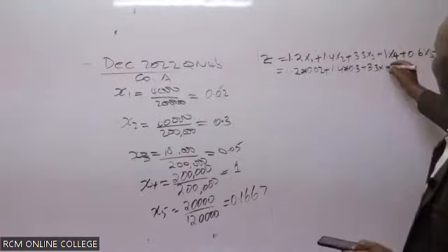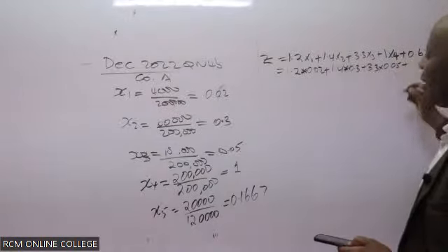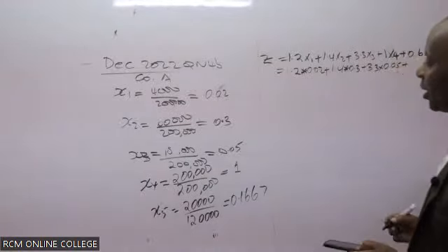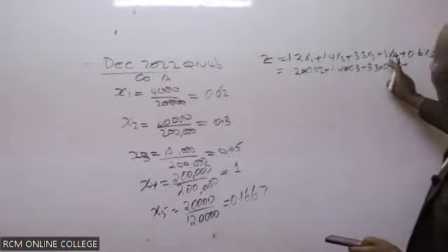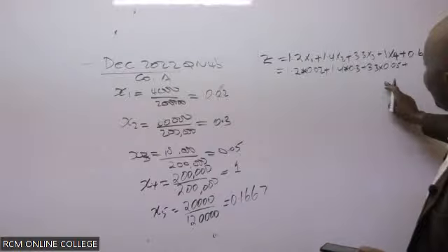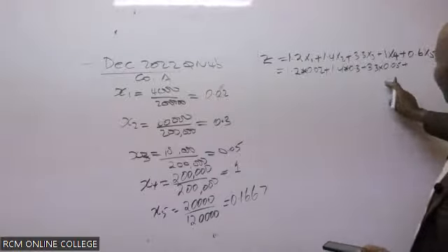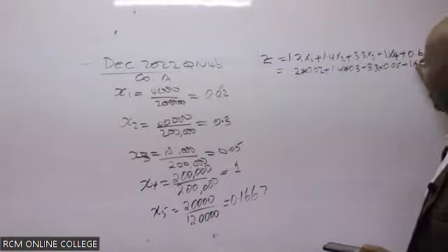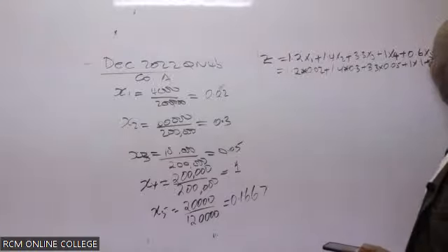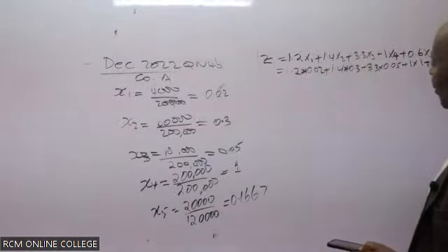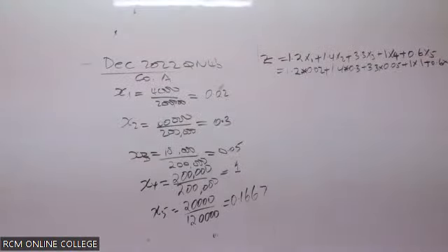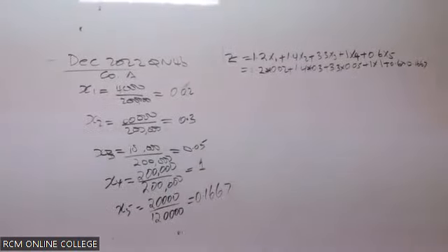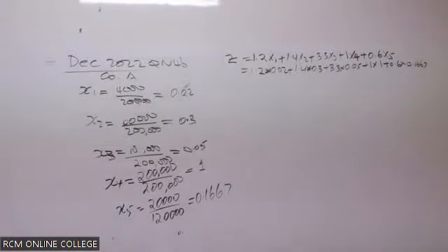X3, gentlemen, is 0.05, plus, in this case here, 1 times x4, which is 1 as well, plus 0.6 times x5, which is 0.1667 like that. So are you able to give us the final Z figure?